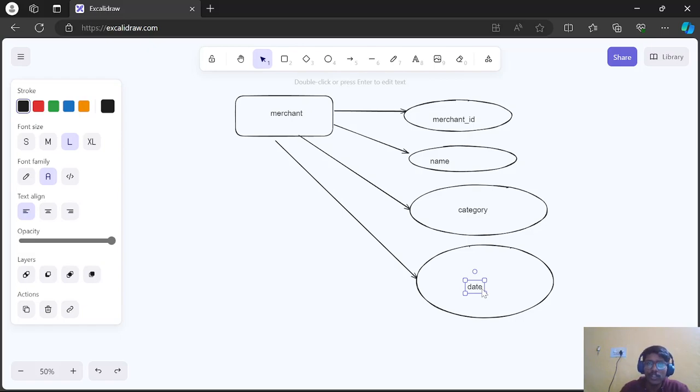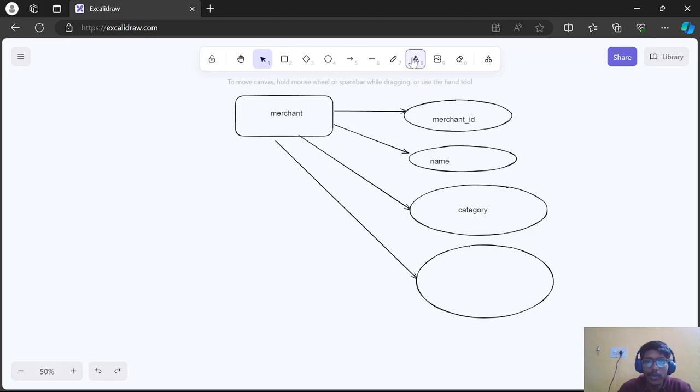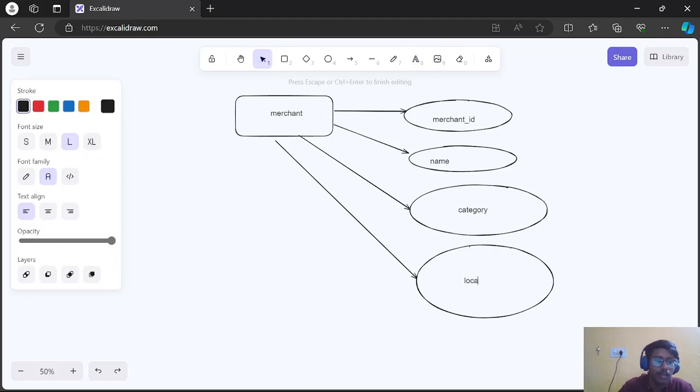For instance, let's take an example, if a merchant is selling grocery, he can be categorized under grocery, while another can be categorized under electrical, depending on the type of product that he's selling. So our next attribute would be location. We know a merchant is selling something, but it is also important from what location or what address he is going to sell a certain product, right? So this signifies the location of the merchant. So this is all about the merchant entity.